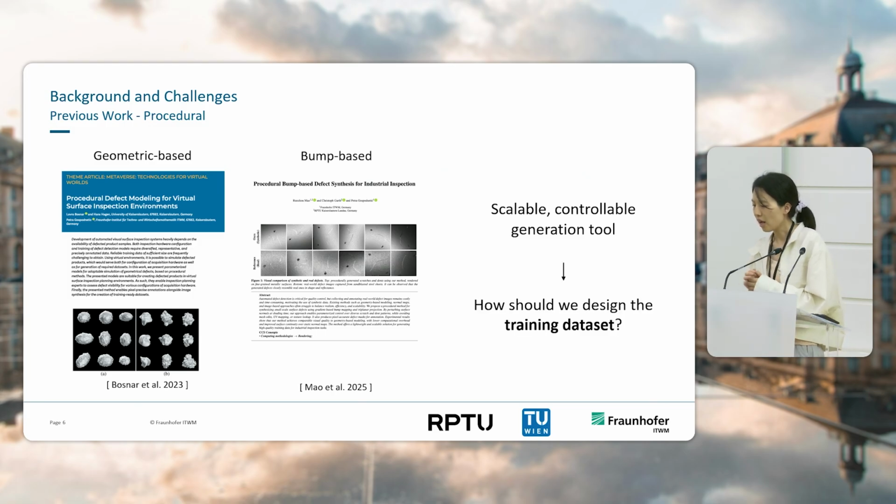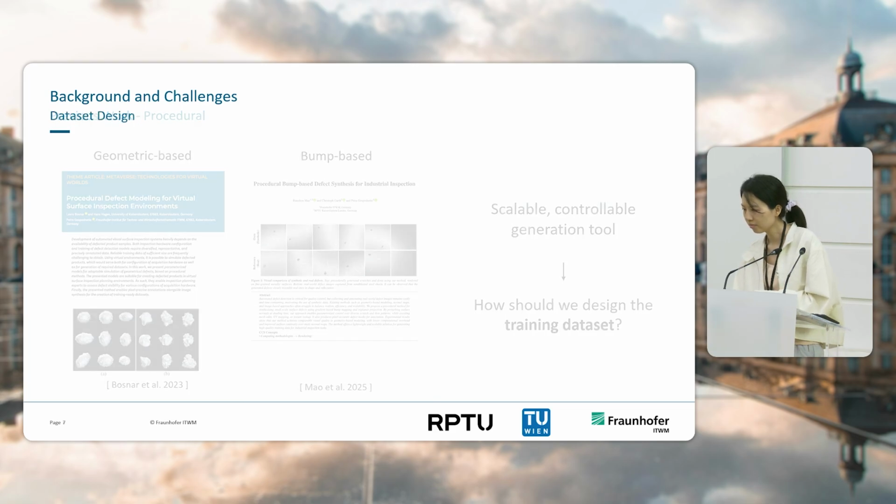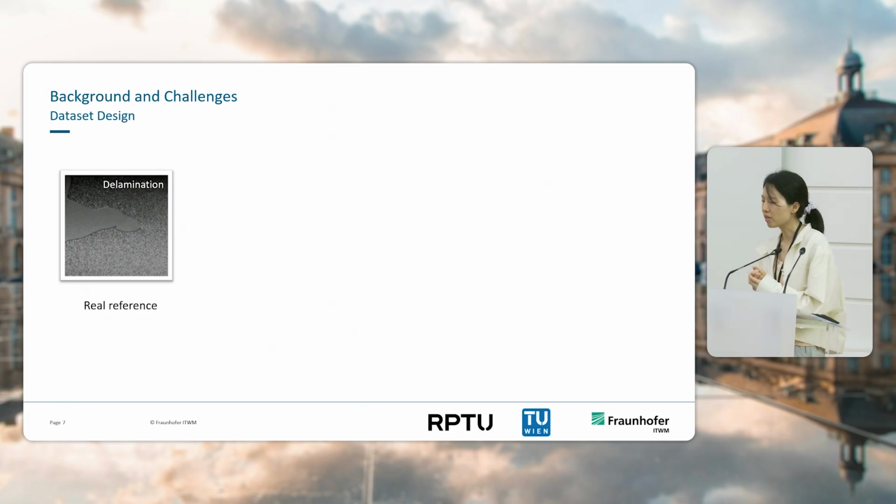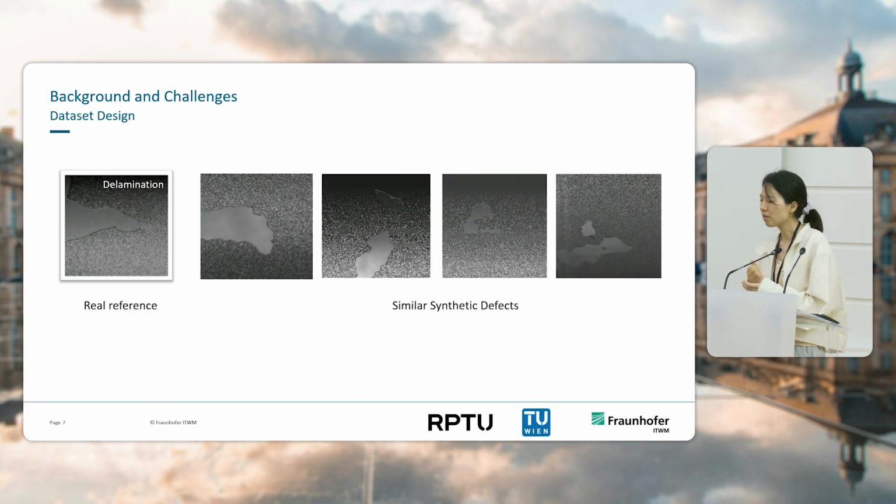However, how should we design a training dataset? In practice, we first use real defect images as visual references. Then, we tune the modeling and rendering parameters to reproduce similar defects. But for training, matching a few realistic-looking examples is not enough. We need to expand parameters to generate a large training dataset.